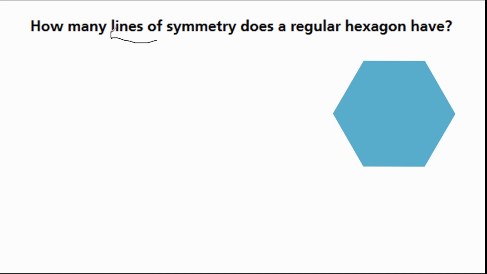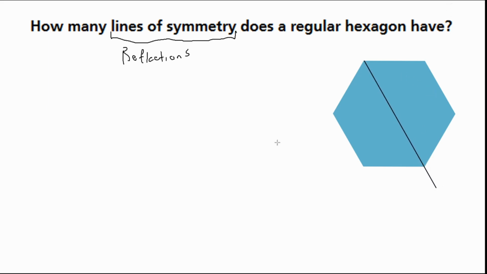So here, when you see lines of symmetry, let's always think of reflections. And to do that, I just look at my shape and I see where can I draw a line that'll cut it into equal parts.